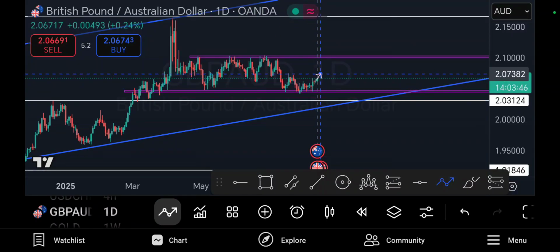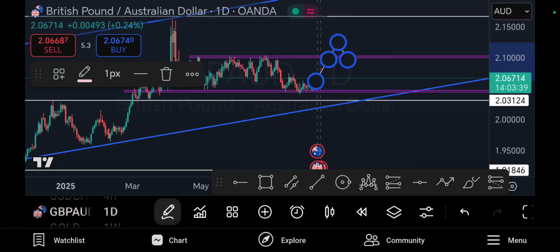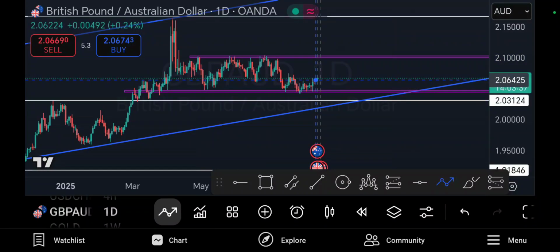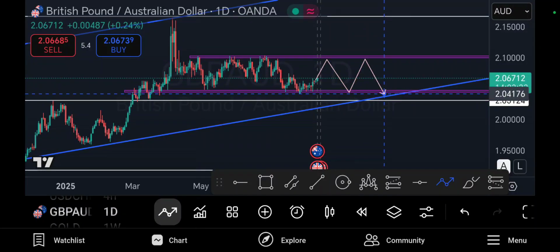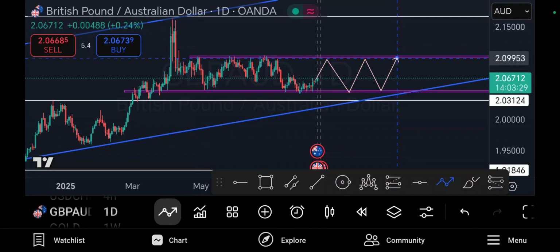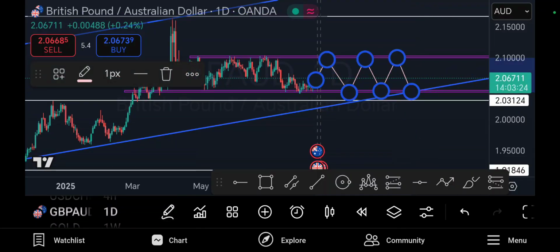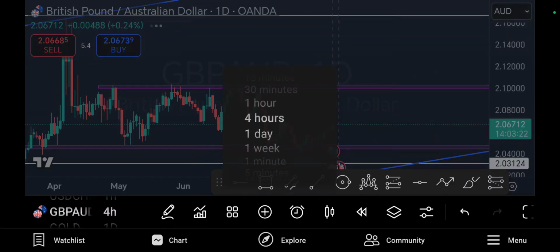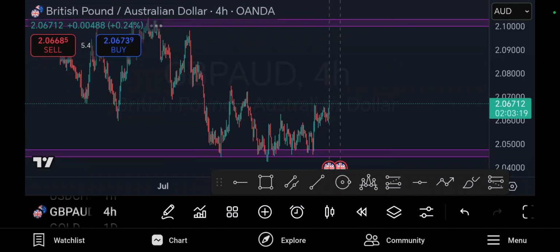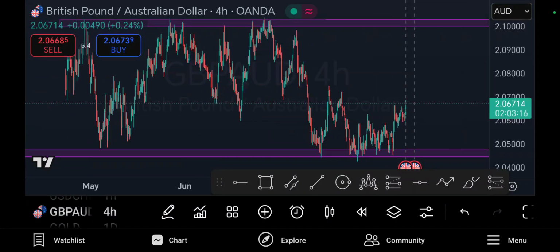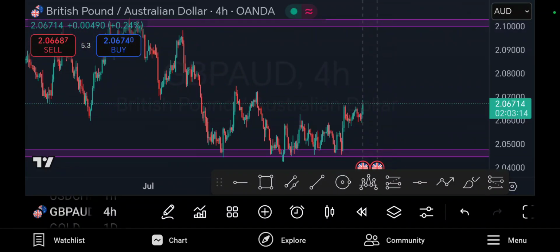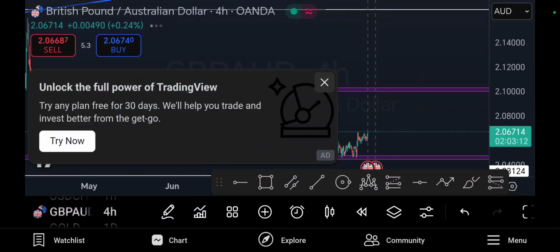So obviously it could push and either break out, retest, push, or it could push, come back here, come play again, maybe play up here, up and down, comes there and then pushes. But either way, we are looking for buying opportunity on GBPAUD. So as you can see, that's what we have.